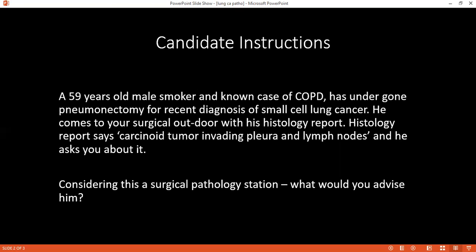We can do imaging guided biopsy at least twice. Yes. What is the treatment of lung carcinoma? Does it depend on the type, or is it the same management for all types of lung carcinoma? It depends on the type.